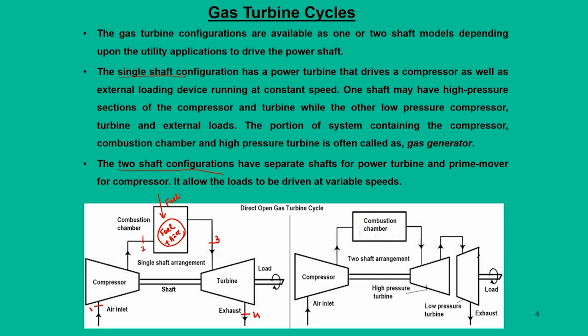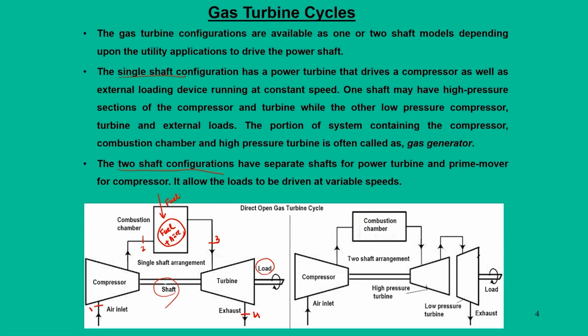These combustion products expand in the turbine and the exhaust comes out at state 4. The power is developed by the turbine. Here the turbine has two roles to play. One is that it gives the load requirement for the plant. Second, the turbine also drives the compressor through the shaft. Ideally, the turbine speed and compressor speed should match so that a single shaft can be connected.